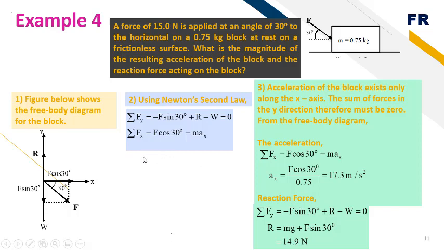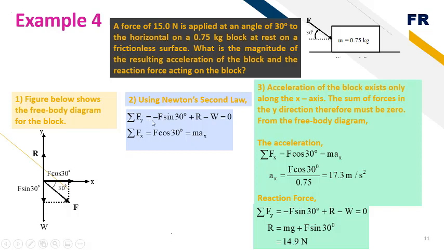Okay, so the first step is to draw the free body diagram of the whole system. We can see that there are three forces acting on the object, which are the reaction force, the weight of the object, and the pushing force F. The object moves along the positive x-axis.